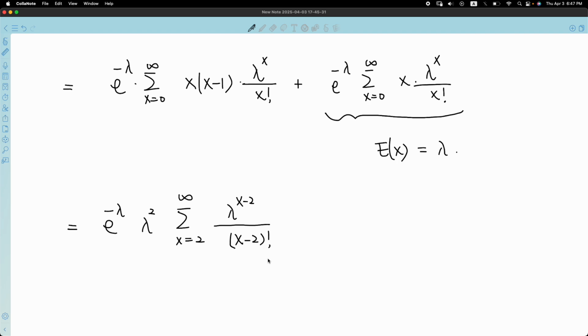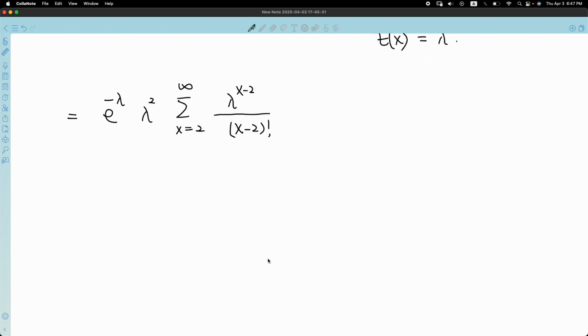Now we introduce another index j equal to x minus 2. That means e to the negative lambda, lambda squared, j equal to 0 to infinity.